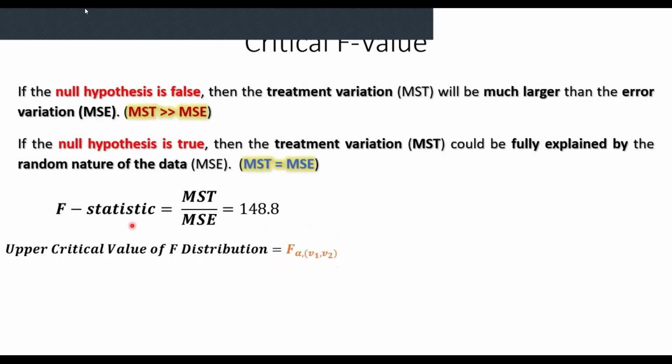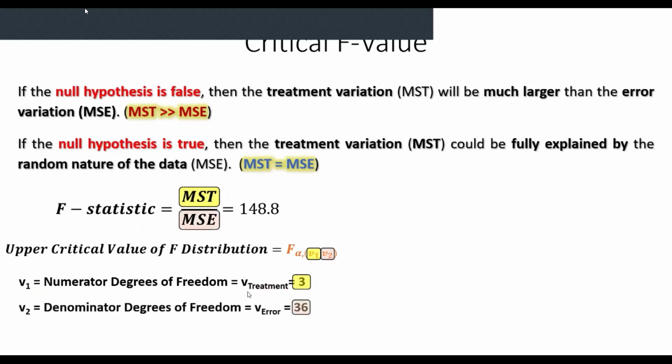Degrees of freedom number 1 is the degrees of freedom associated with the numerator. For us, that's the treatment. Remember, the numerator is the mean square of the treatment, so the degrees of freedom we use is equal to the degrees of freedom of the treatment. The second degrees of freedom that you have to know is the denominator degrees of freedom.